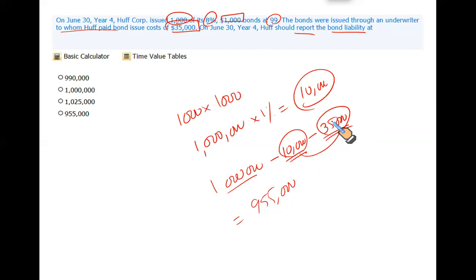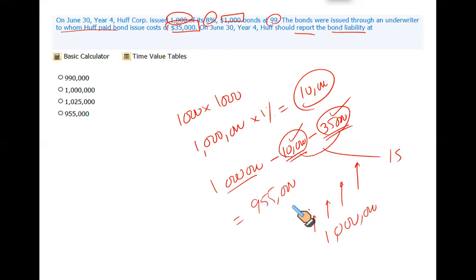What will happen as the time passes? When we amortize this bond discount, when we amortize this issuance cost and release these two on the income statement as an expense, our bond will keep going up: 960, 975, 983, 999, and finally, at the end of its life, the bond will have an exact $1 million book value. So it's not that the amount 955 would stay there.